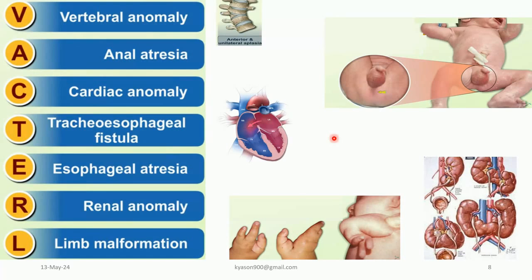We said that the tracheoesophageal septum is basically a structure that is mesodermal in origin. Just mesodermal tissue growing to separate the airway from the alimentary canal.